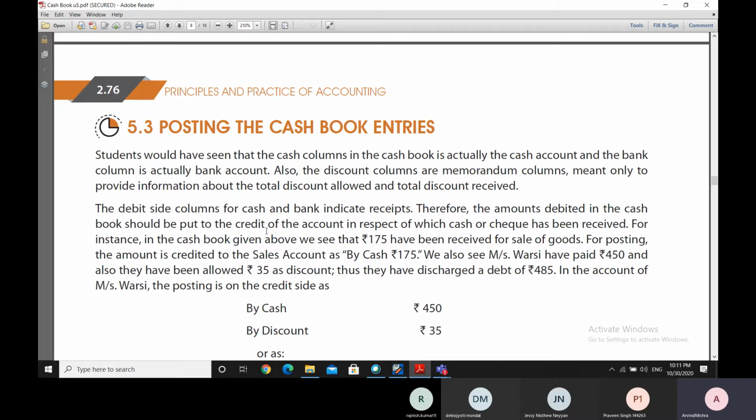For instance, in the cash book and the example given above, we see that 175 rupees have been received for sale of goods.